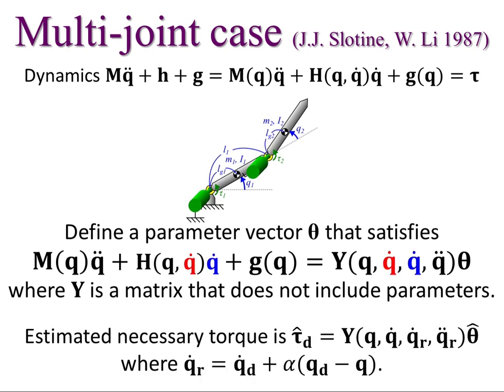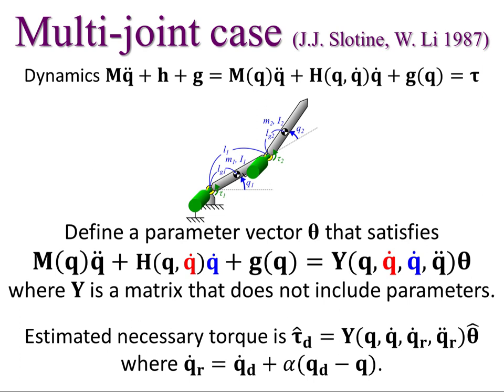Using the above characteristics, we compute an estimate of the torque required to generate the desired motion, tau d hat. By using the vector of the estimated robot parameters theta hat, tau d hat is Y multiplied by theta hat.